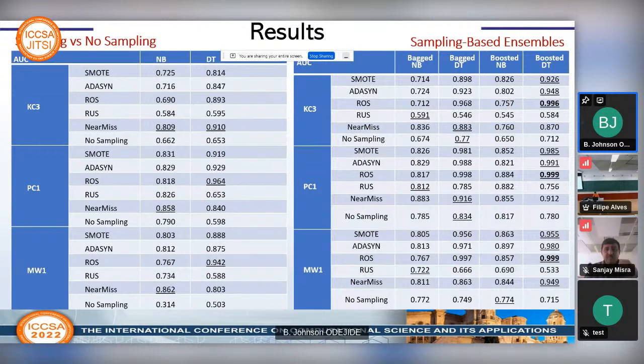So we then also compared bagging and boosting using naive Bayes and decision tree respectively. We also noticed that there was a remarkable performance, just as we see here from the highlighted points. So all in all, the average AUC we obtained from this experiment was 0.995.